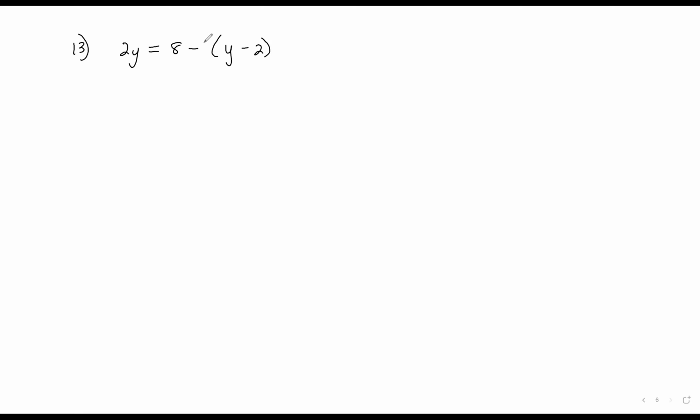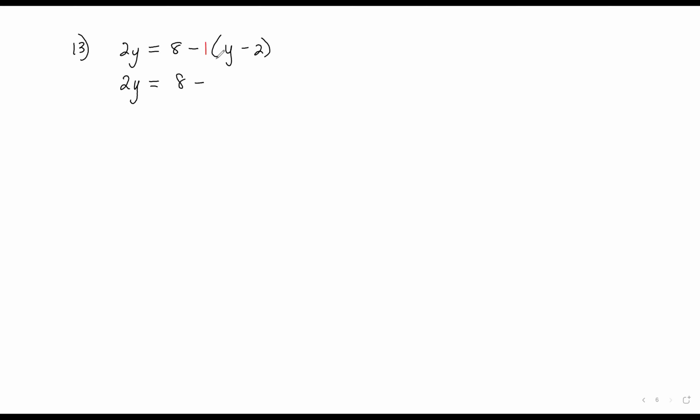When you don't have a number directly in front of the brackets, assume that it is 1, right? Okay. Good. So let's go. Let's bring down the 2y first. So it'll be 8, minus.